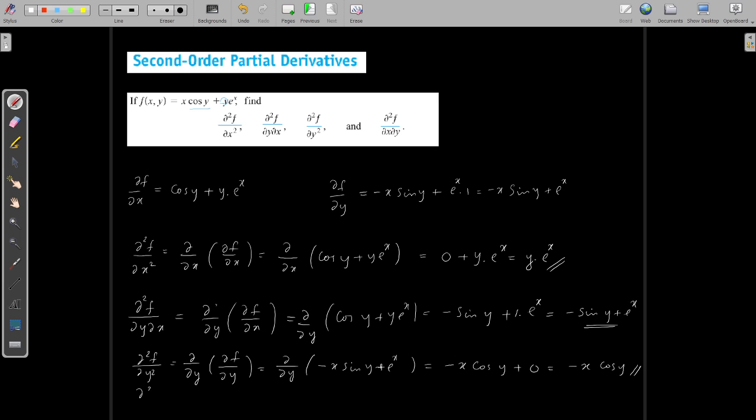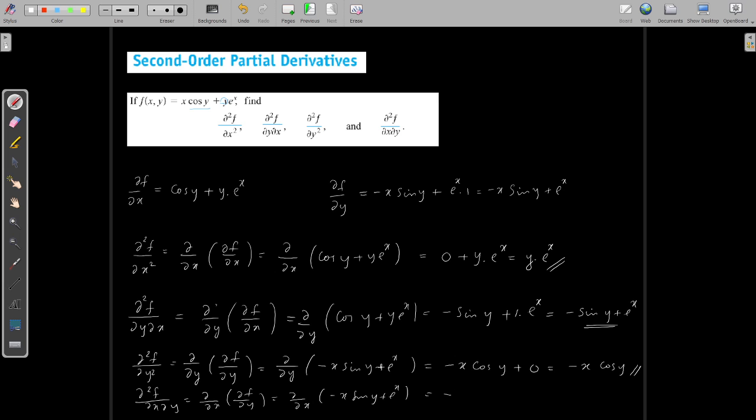Now the last one is d square f by dx dy. This is obtained by differentiating df by dy with respect to x. That is df by dy, equal to d by dx of minus x sin y plus e raised to x. So differentiate with respect to x again.